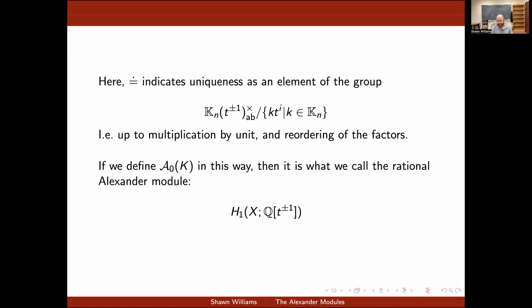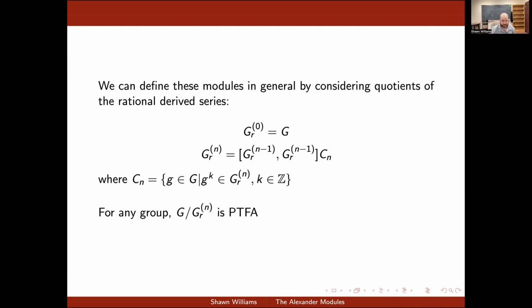Okay. The last thing I want to talk about, and we get into this in the next video, is that we can actually define these Alexander modules and these rings, for example Rn, where we localize the group ring. We can do all of this algebra very similarly for an arbitrary topological space if instead of quotienting out by the derived series, we quotient out by something we call the rational derived series.